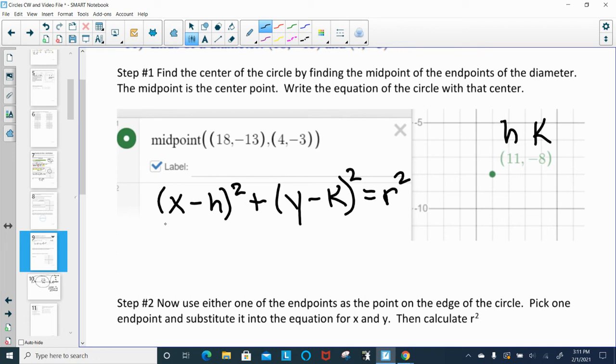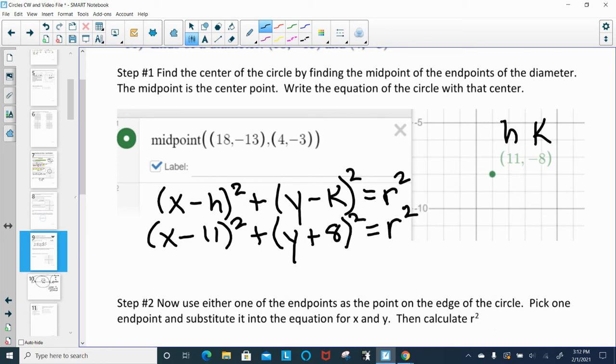So my h is 11, so x minus 11. My k term, the one that goes in with the y, is -8. So it's going to be y minus -8, but the two minus signs become a plus. There we go.